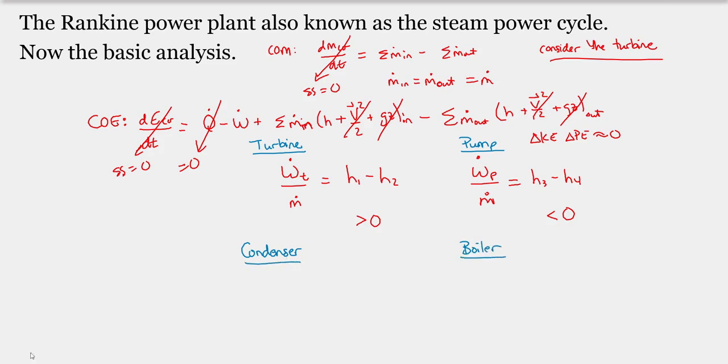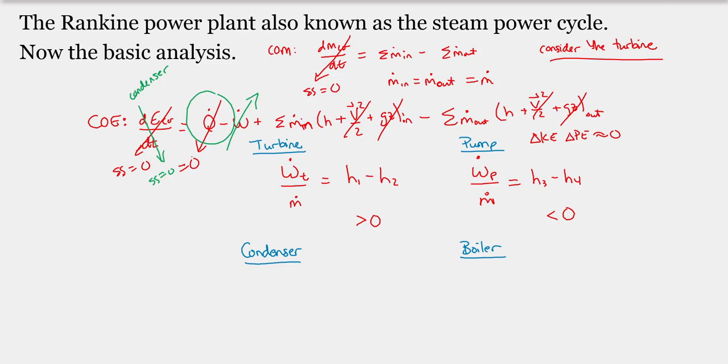Okay, so for the condenser, we have a system which is, again, steady state. I'll label this as my condenser. We have to have heat transfer. That's already labeled on our system diagram on our previous slide, and that's the function of the condenser: to reject heat. But it's a fixed volume system, and there's no shafts or anything, no electricity, nothing moving in or out of that heat exchanger.